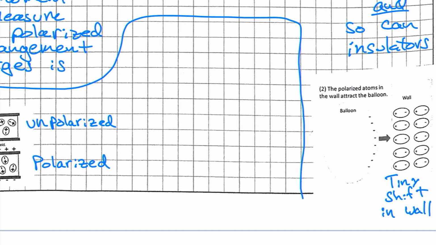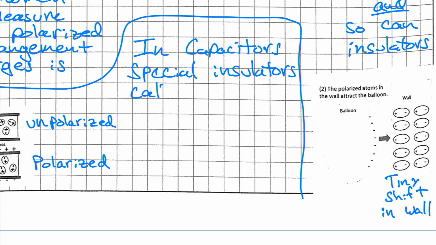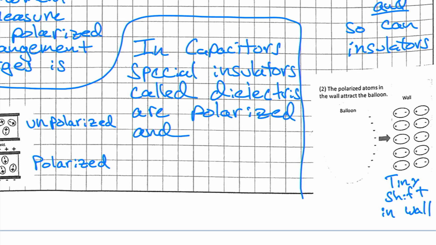And we'll talk about capacitors a lot more in Unit 3 this semester, but we'll just make a note here that in capacitors, special insulators called dielectrics are polarized and used to increase energy storage.